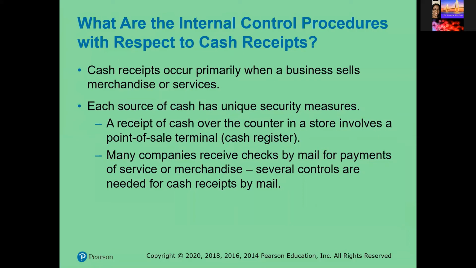All cash receipts should be deposited in the bank for safekeeping shortly after the cash is received. Companies receive cash either over the counter, through the mail, or by electronic funds transfer. Each source of cash has its own security measures.